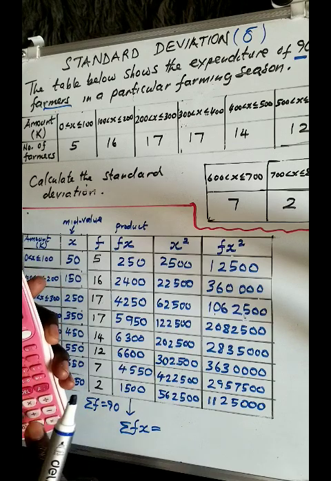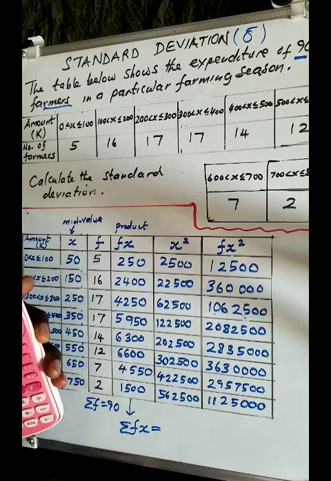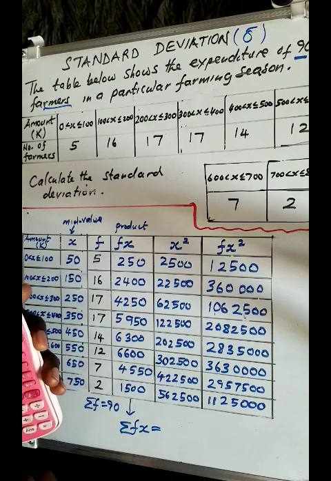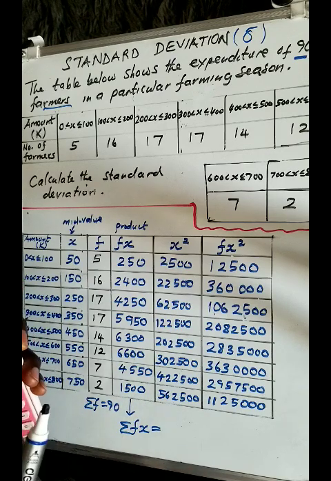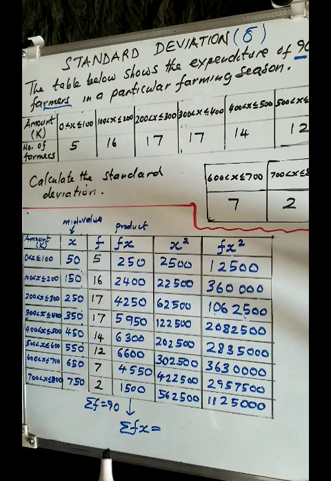So 250 plus 2,400 plus 4,250 plus 5,950 plus 6,300 there, plus 4,550 plus 1,500. So it is giving me in this case the value that it is giving me.